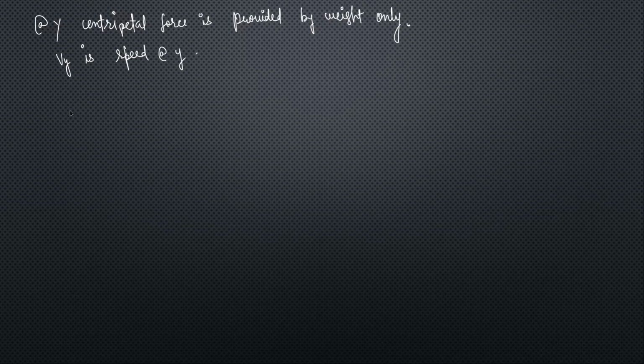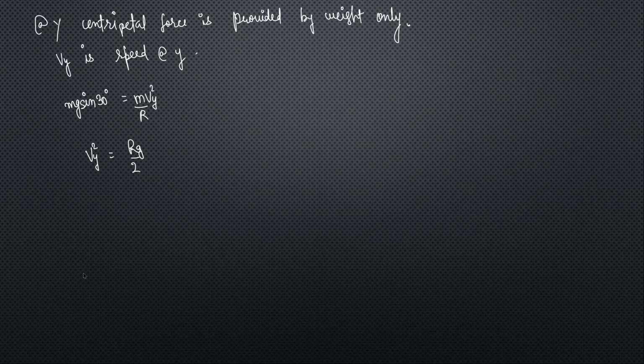So mg sin 30 degrees equals m vy square by r. So vy square is rg by 2.